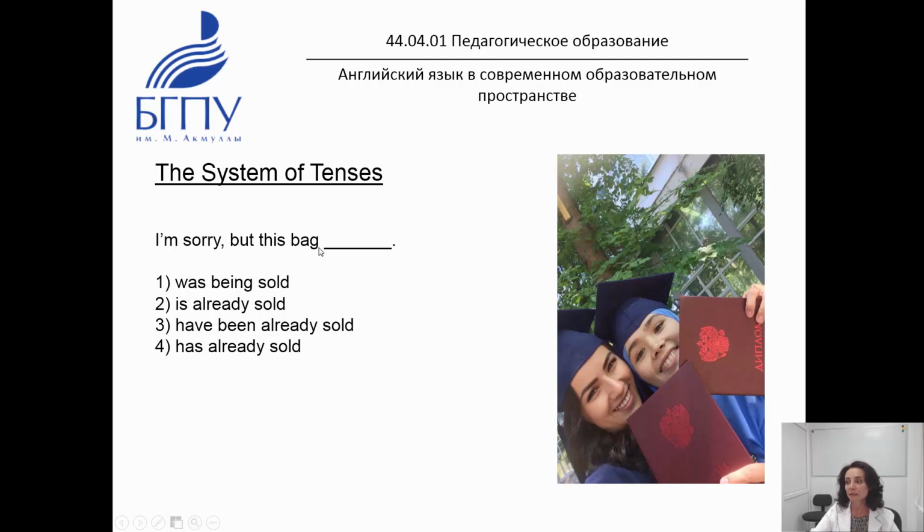Since bag is in the singular, the auxiliary should be has. But in number 3, we've got have. That's why the only correct variant is number 2. By the way, if it is, for example, has been already sold, this is also incorrect since the word already should be located after the first auxiliary word. For example, has already been sold will be also the correct variant.